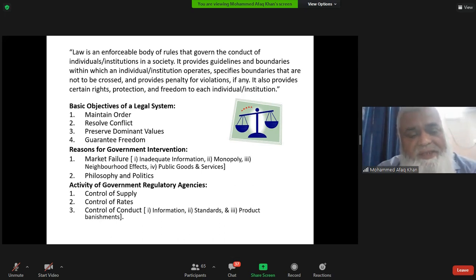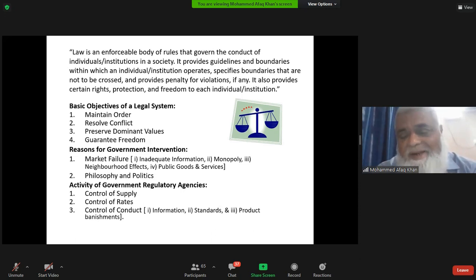If they transgress those boundaries, they would be subject to penalty for any such violations. Now, the rules also provide certain rights to individuals or institutions, protection and freedom to each individual or institution. Although there are rights, there are also boundaries which are specified, and those boundaries are not to be crossed.